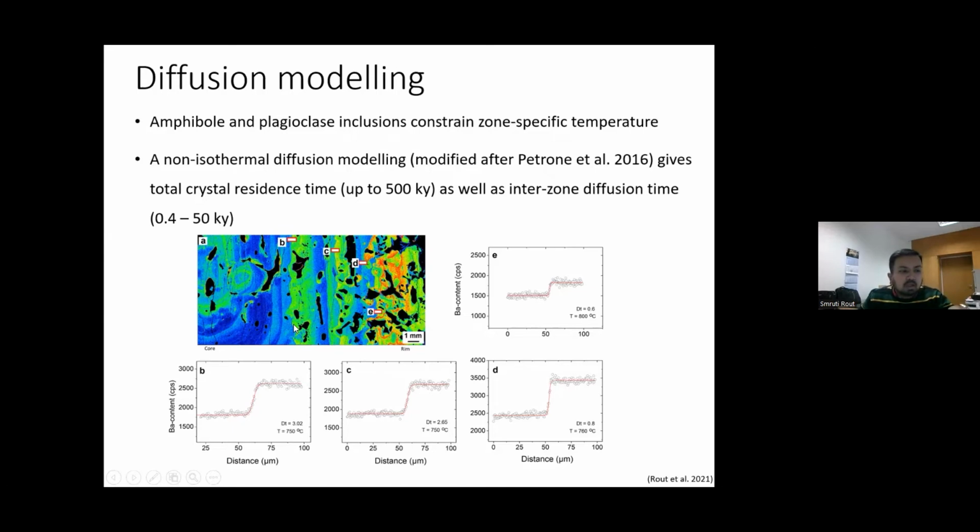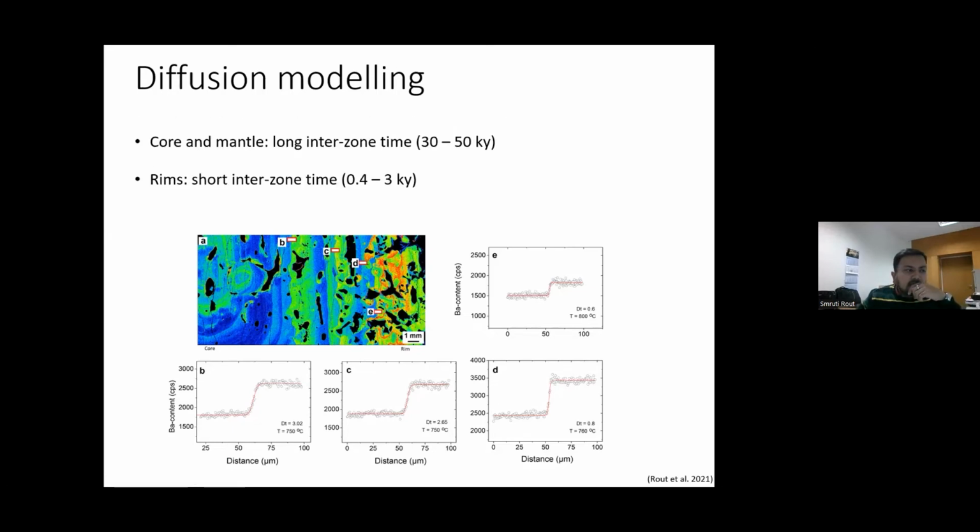And when we look at these interzone timescales between the zones from the crystal cores and the crystal rims, then we notice that the timescales which we get from the cores and the mantles are quite long, and the timescales which we get from the crystal rims are quite short comparatively.